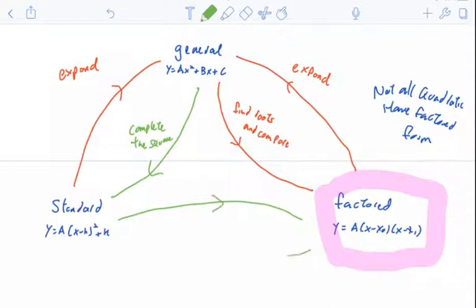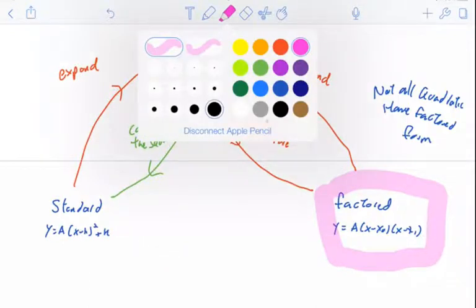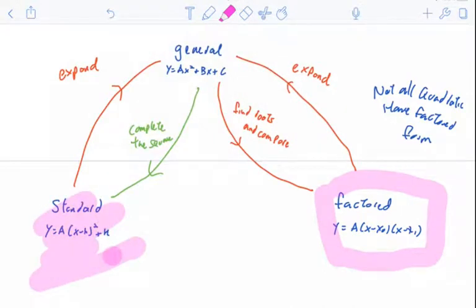And before we spend a whole bunch of time talking about how to go from the standard to the factored form, or from the factored form to the standard form, I want you to note something here, which is that even if I didn't teach you how to do these two, you'd still be able to go from the standard form to the factored form. What you'd have to do is start from the standard form, expand it out to the general form, and then find the roots. So you already know how to go between them.